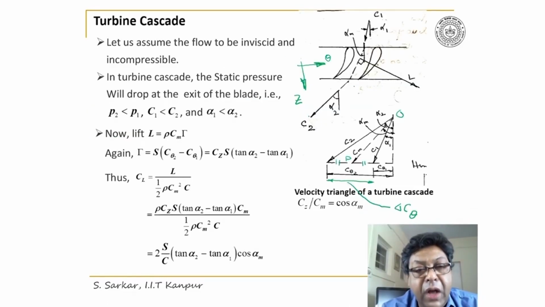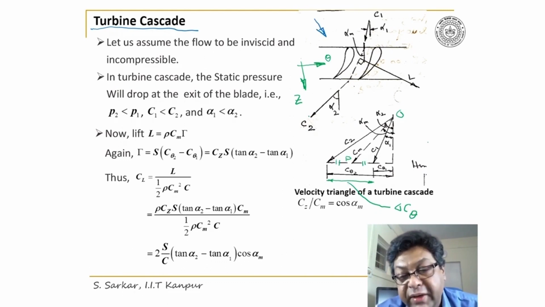Let me explain now about the performance analysis of turbine cascades. I have indicated here a schematic for turbine cascades where the orientation of the blades is opposite to that of the compressor cascade.